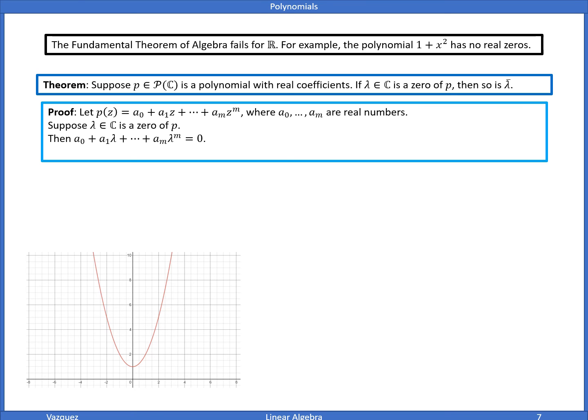Well, what did we learn from the first slide? That a number, if it's real, then its conjugate is the same thing. Therefore, take the complex conjugate of both sides of the equation, and we obtain the same thing, but now with lambda conjugate, the conjugate of lambda. Again, because the a's were real.